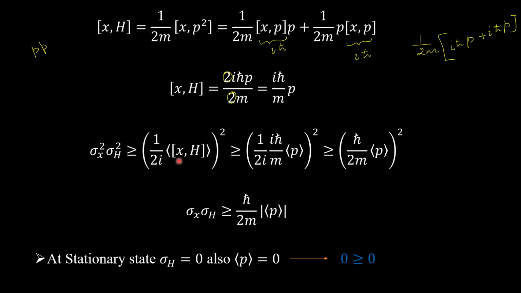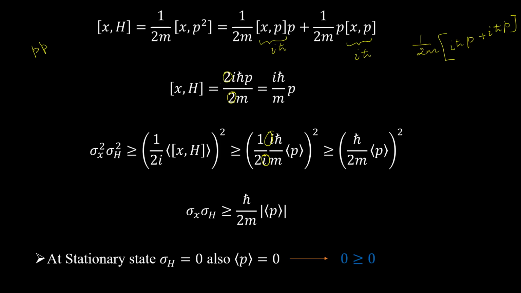Here we have to find the expectation value. So i h cross over m is a constant, so the only variable is p. So we have to calculate the expectation value of p. Of course, we have the whole square. Here you can cancel this i with this i.